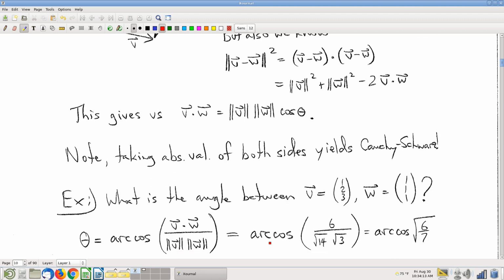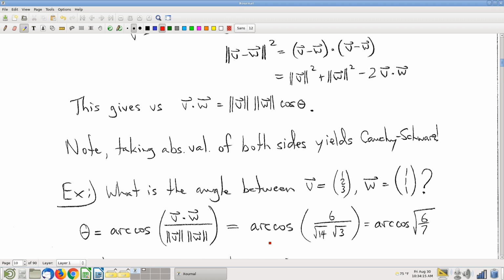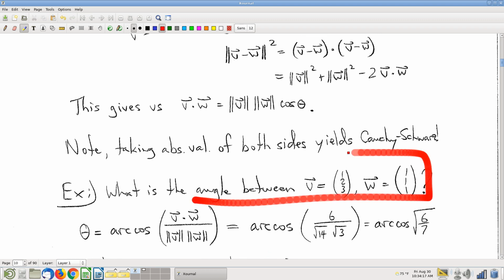Okay, so a real quick application. Suppose you want to know the angle between these two vectors. At a glance, if you were to take a high school geometry point of view, these are two kind of random vectors pointing different directions. You could maybe try to find both of these angles, but then there's no Pythagorean theorem for angles. This is a hard problem from a high school geometry point of view.